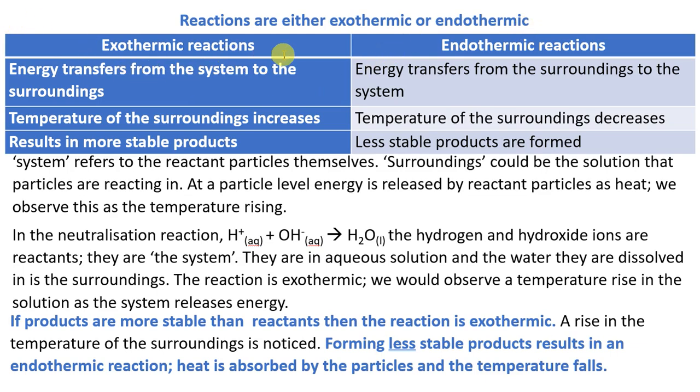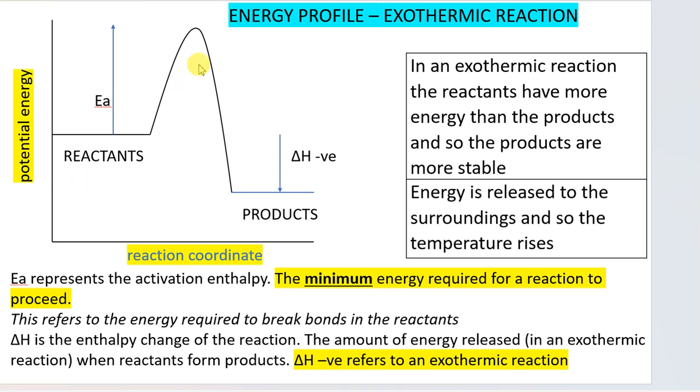In an exothermic reaction, remembering that exo always means to give out, thermic, we're talking about heat, energy transfers from the system to the surroundings. Temperature of the surroundings increases. Yes, energy is transferred to the surroundings, and we get more stable products.